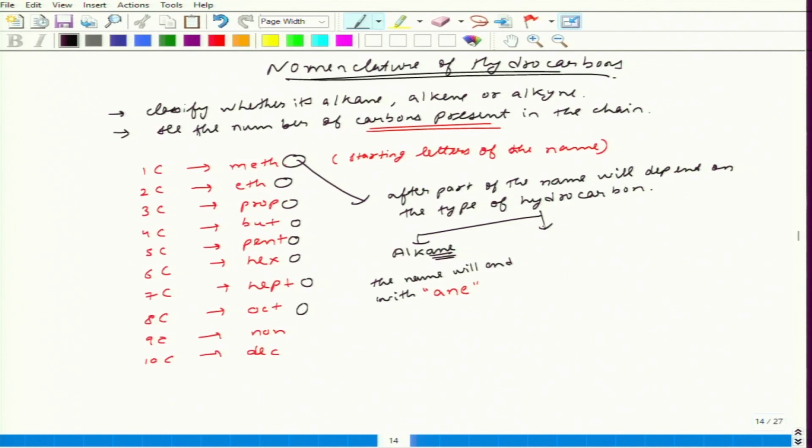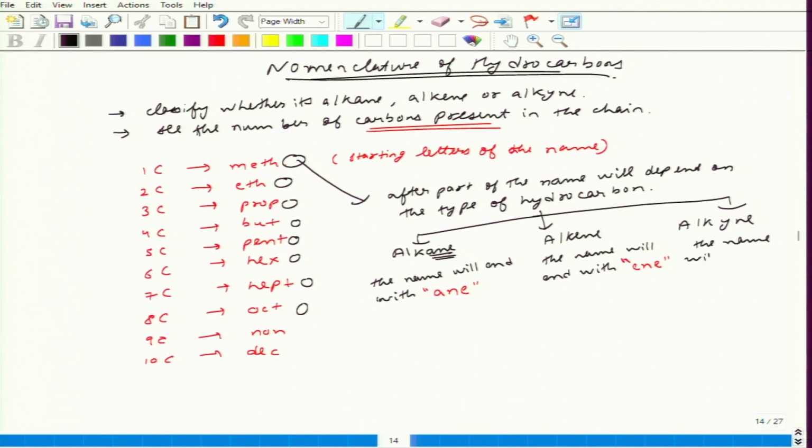If it's an alkene, the name will end with ENE, and if it's an alkyne, the name will end with YNE. It's not difficult to understand also.